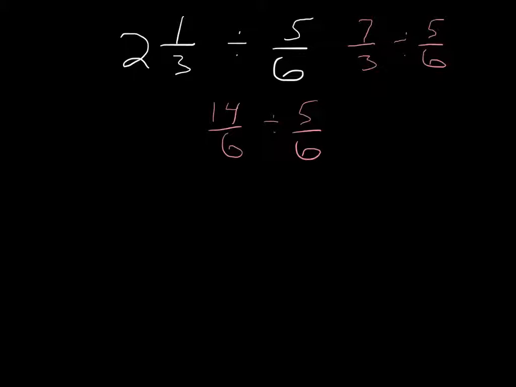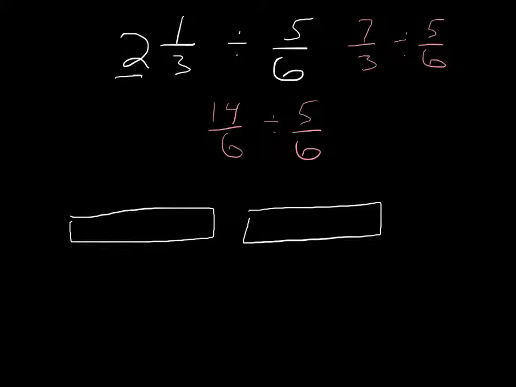So I'm going to draw a diagram. Now, I know I'm going to need 2 wholes and then a part of a third whole. So if I take those wholes, I'll draw, there's 1 whole, 2 wholes, another one down here, and I know they have to be divided up into 6s.